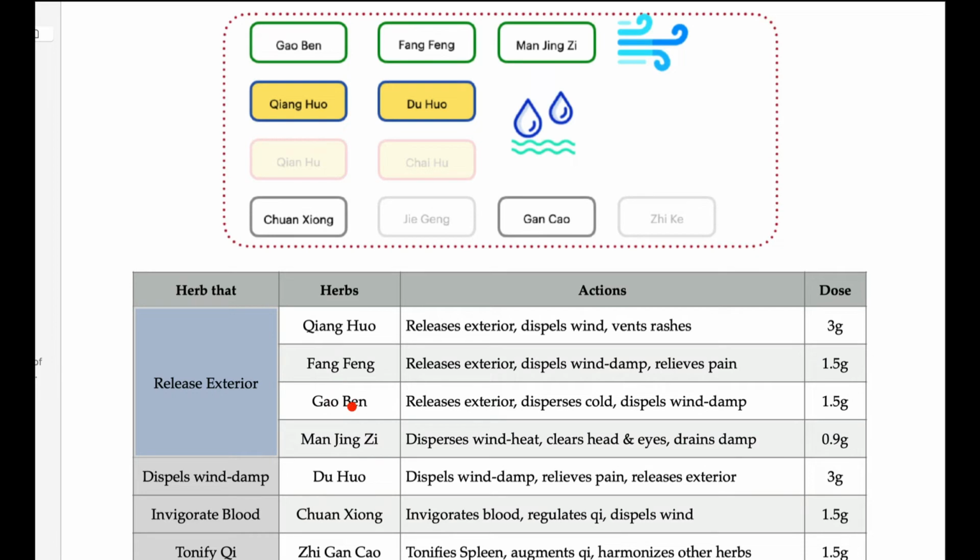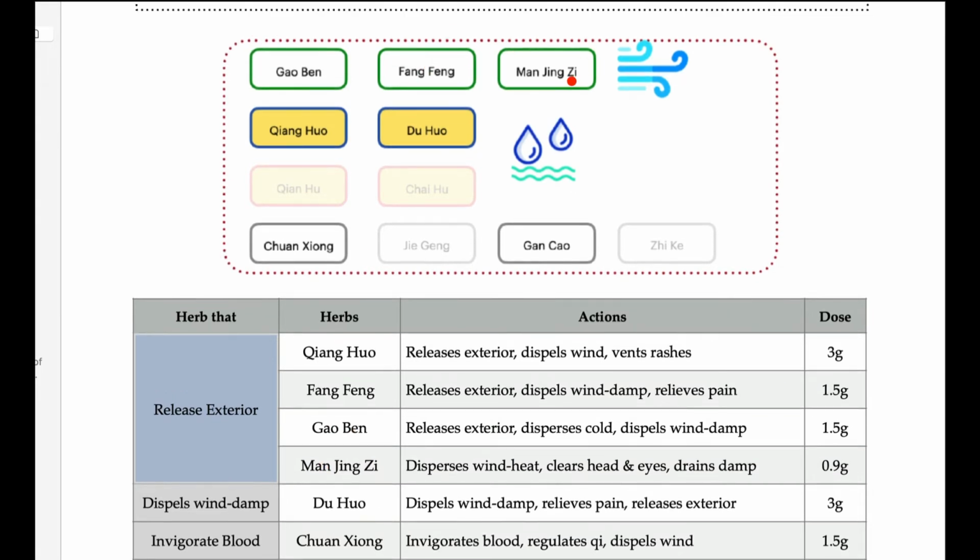And Chuanxiong invigorates blood, like Niuxi in Ermiaosan. In this formula, Chuanxiong invigorates blood too, and also has the effect of dispelling wind and relieving pain.